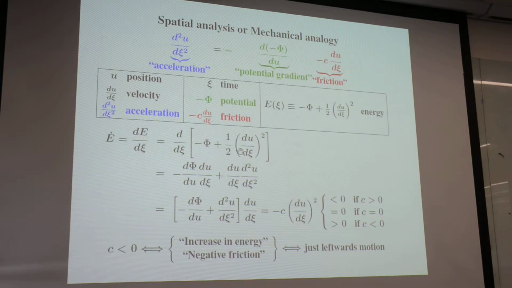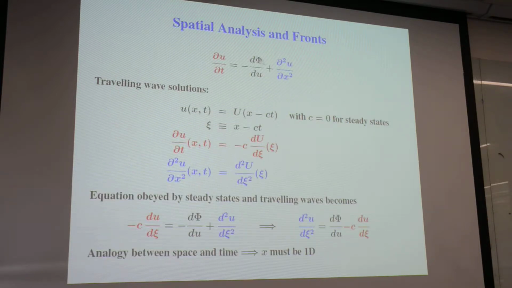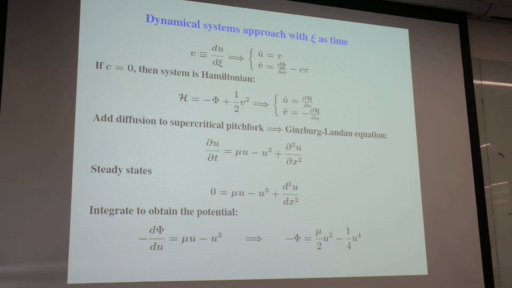Okay, I remind you, we're back here. You'll recall that if we just wrote mu u minus u cubed, we would have pitchfork bifurcation. But now we have this other term here, this d squared dx squared term. And we're trying to figure out how to use this method for studying that. We have thus our pitchfork bifurcation and a diffusion term. And this thing here is called the Ginzburg-Landau equation.